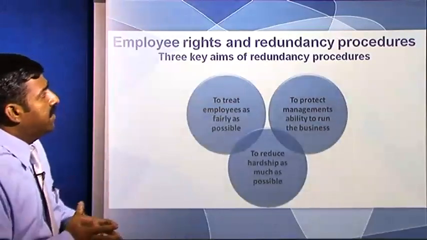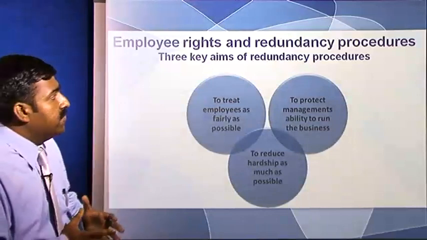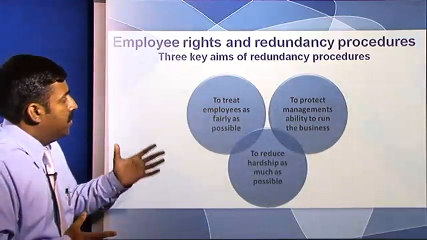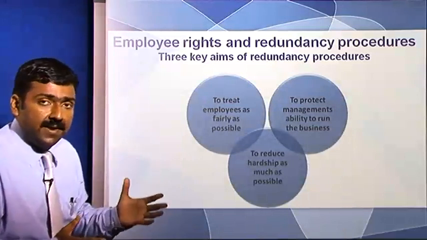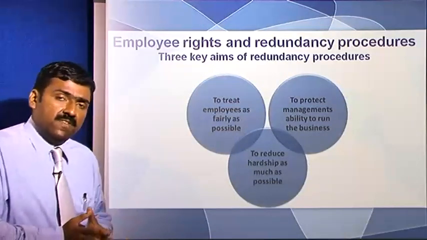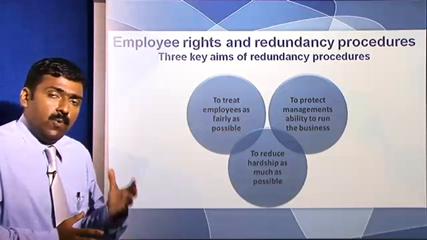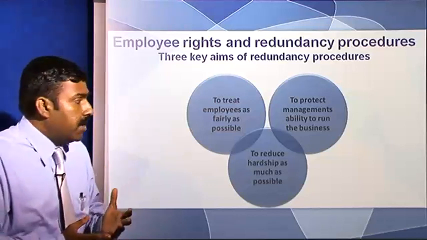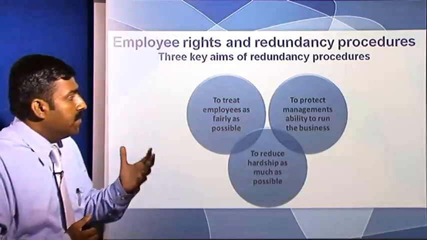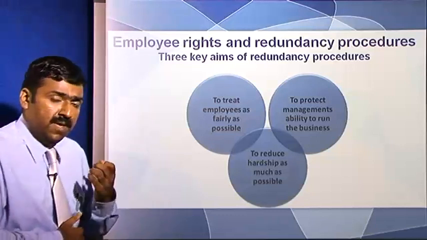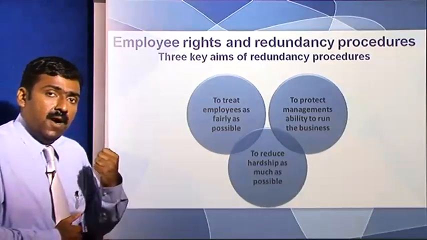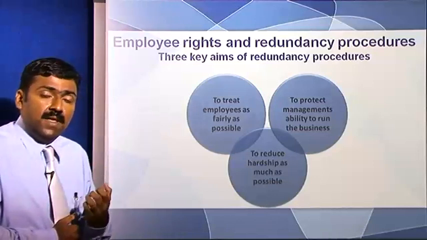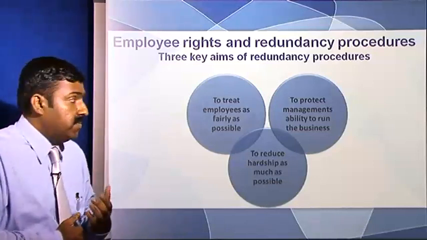What are the employee rights in redundancy procedures? There are three aims to the redundancy procedure. First, to treat employees as fairly as possible. Since human values and sentiments are involved, the employer needs to be fair in this entire approach. Second, to protect management's ability to run the business. The key factor to be considered is that after this exercise, the management should still be able to stand on its feet and run the business.